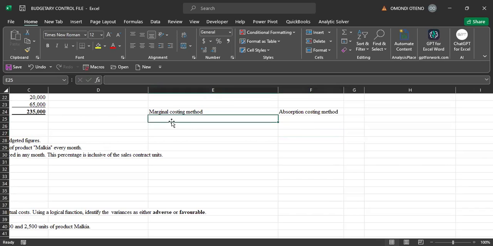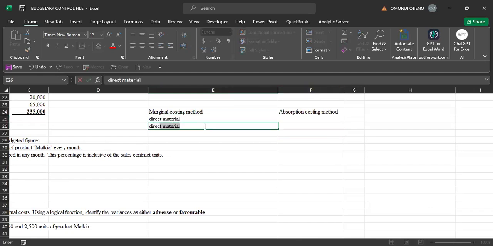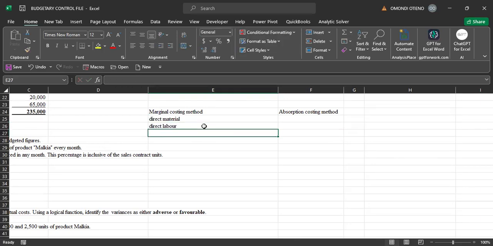So under the marginal costing method, we need to get direct material, direct labor, and variable production overheads.